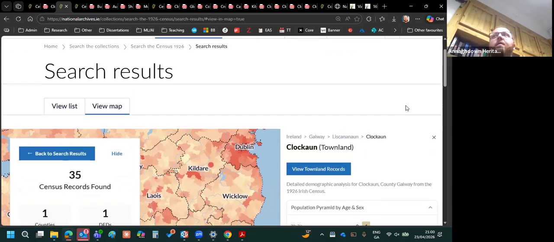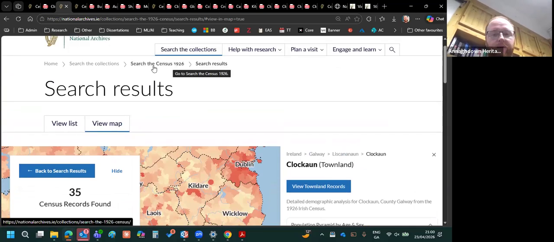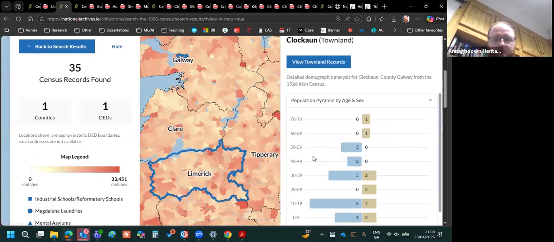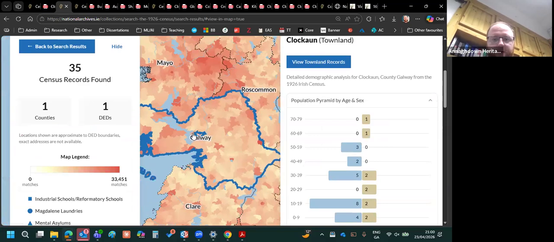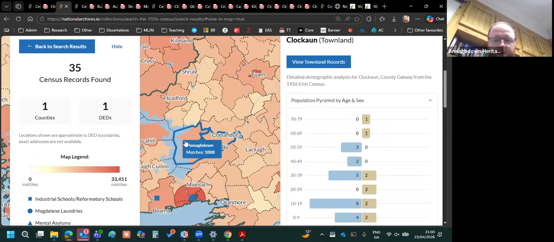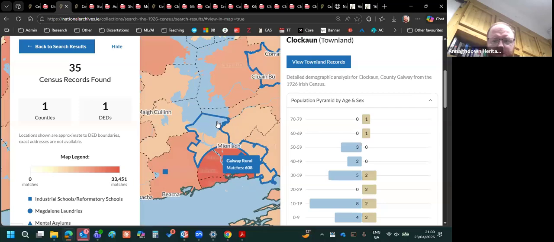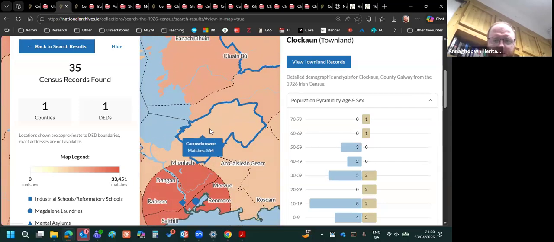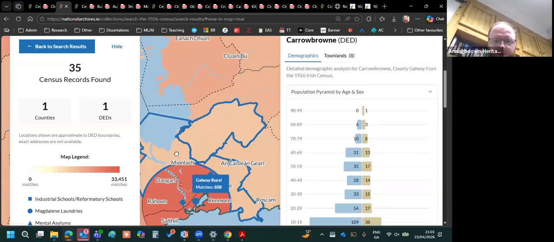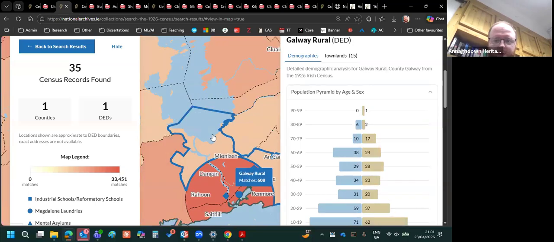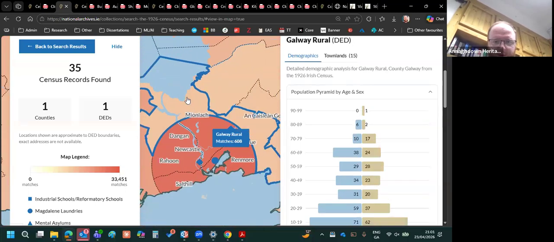Anyone want me to look up anything else? That's a good example though. So if we go to Coolagh, I think it would be in Galway rural. Well, I'm not actually sure.